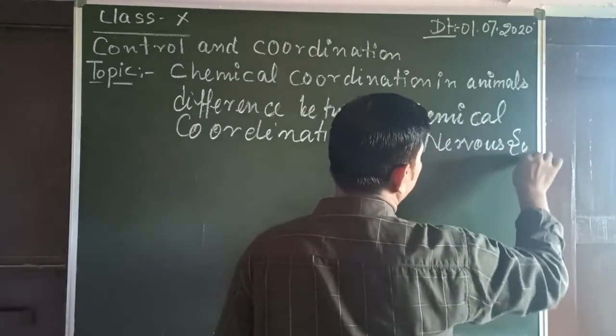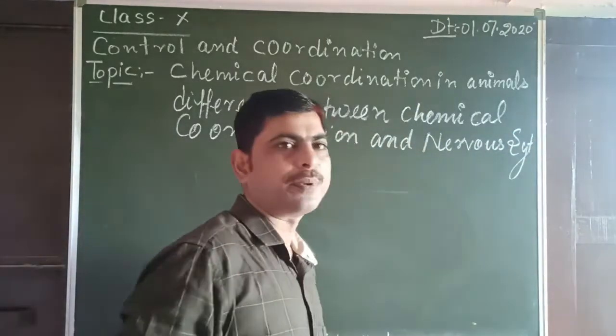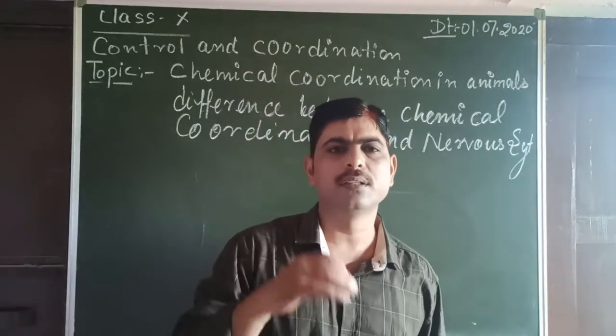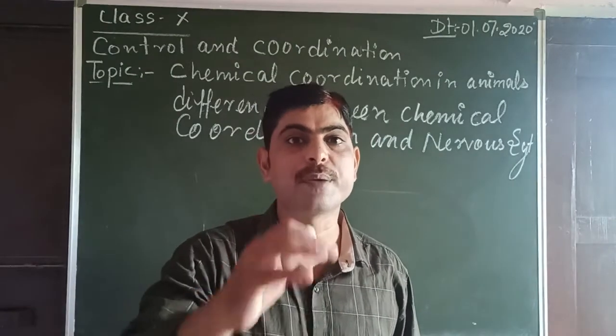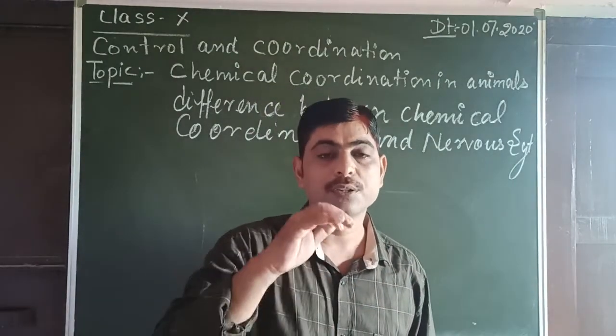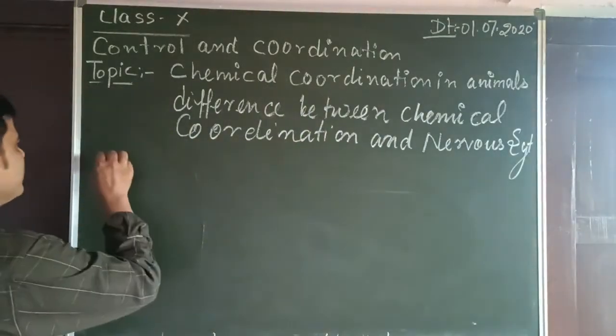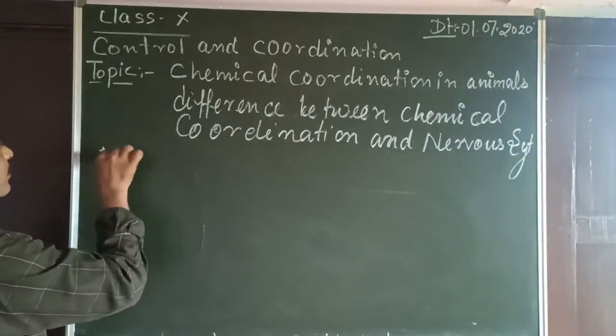Do you know they operate in a coordinated manner for the benefit of the body? That's why they are often termed the neurochemical system or neurohormonal system. Okay, let's talk about the differences.